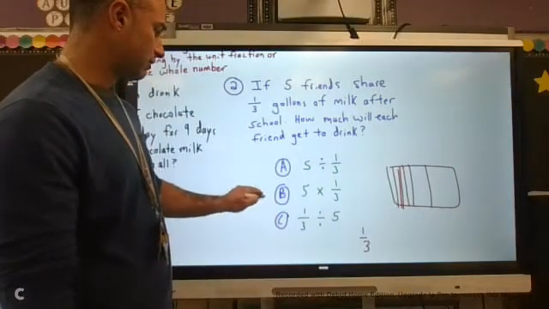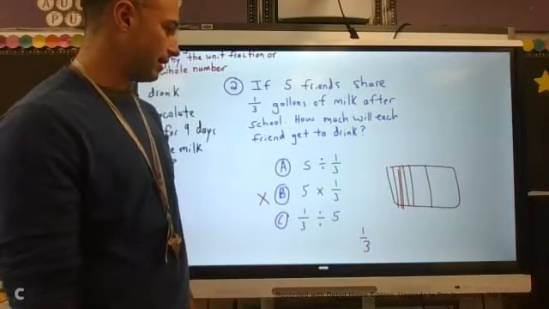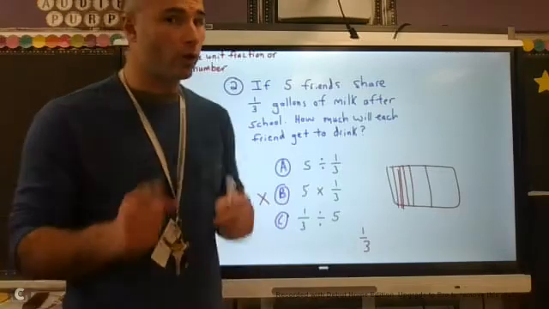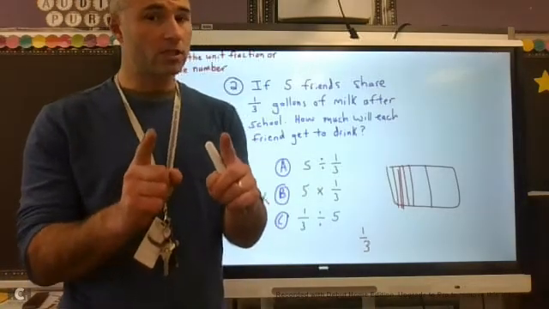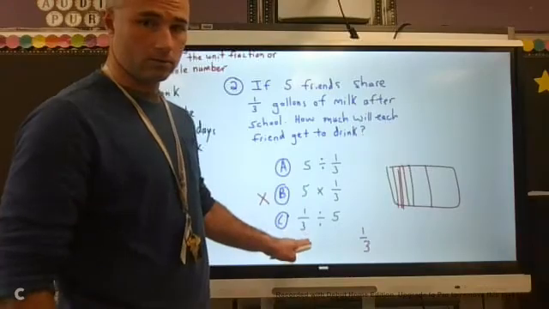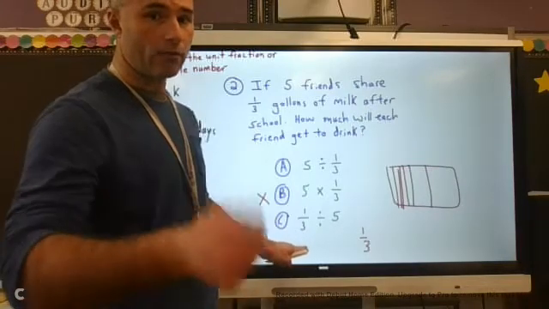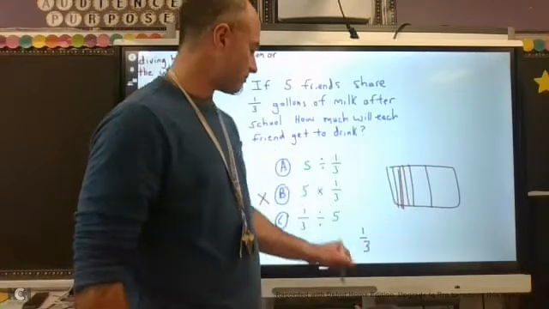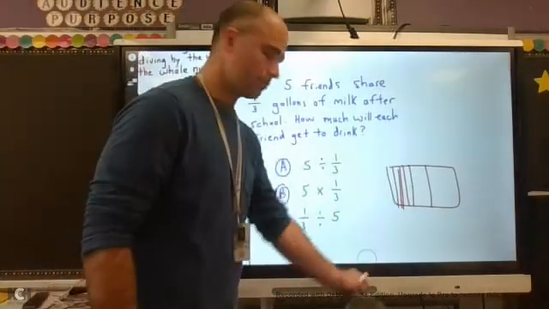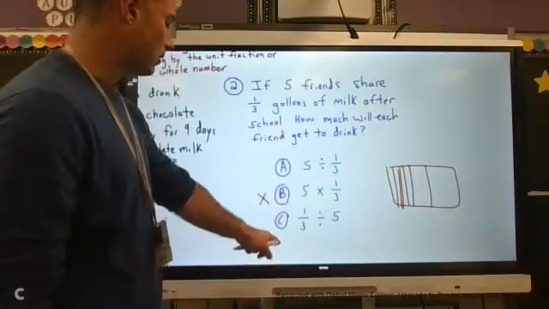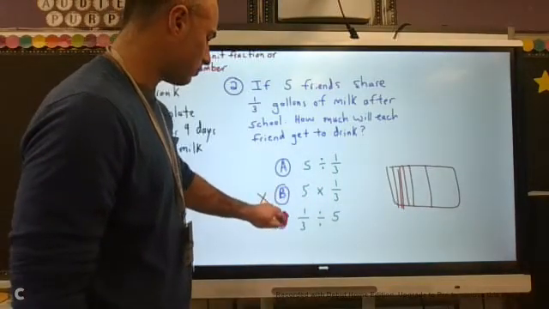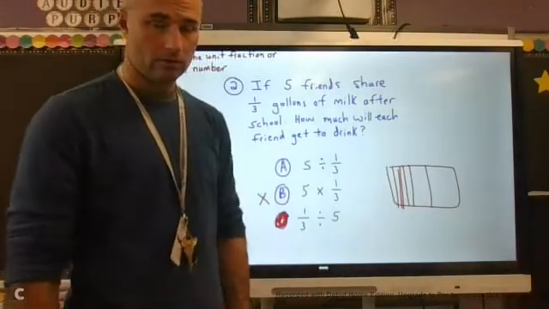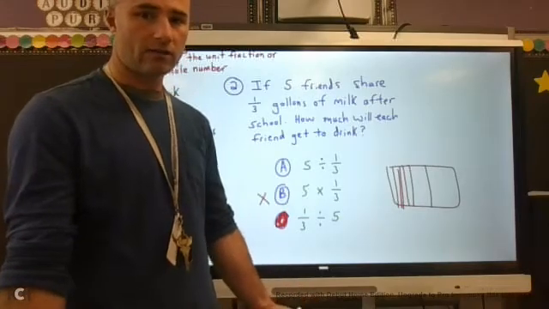I'm not multiplying, but what am I dividing by? I start off with 1/3, which means the first number should be 1/3. And I'm breaking that 1/3 up into 5 friends. So I'm dividing by the 5. The answer here would be C, 1/3 divided by 5. And then I would go ahead and solve it.